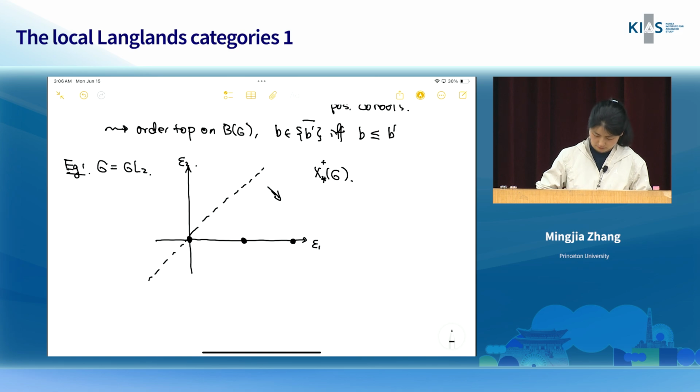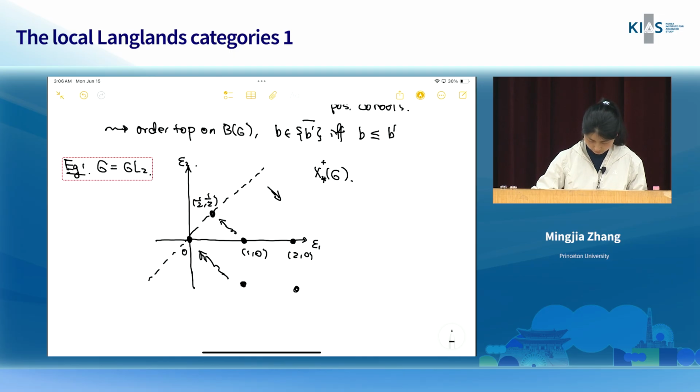If we rescale the co-character lattice by a half, these are points in the image. Similarly I have points this way, and specialization relations go like this. You can draw this picture periodically in both directions.